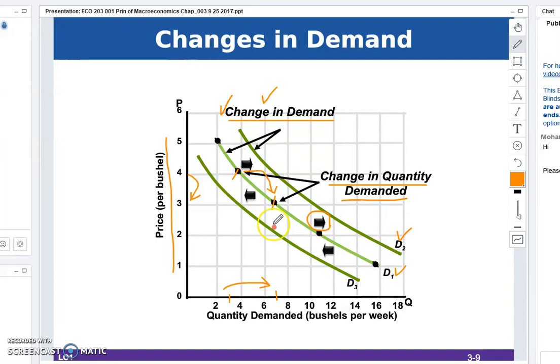On the other hand, if because of a change in the non-price determinants demand is lower than before at all possible prices, the demand curve will shift to the left. So we call that a decrease in demand. And when demand increases, we go from D1 to D2, we call that an increase in demand.